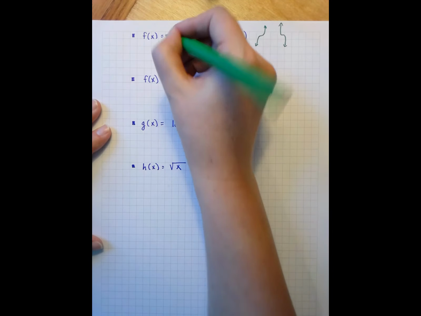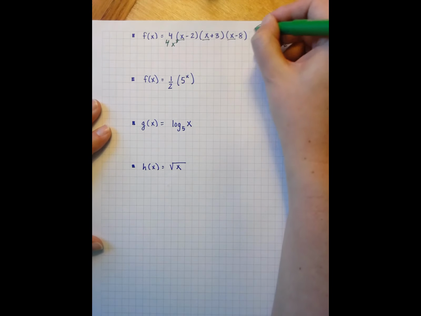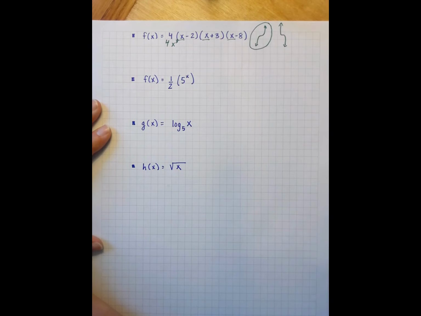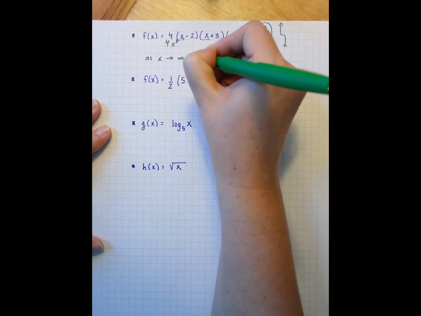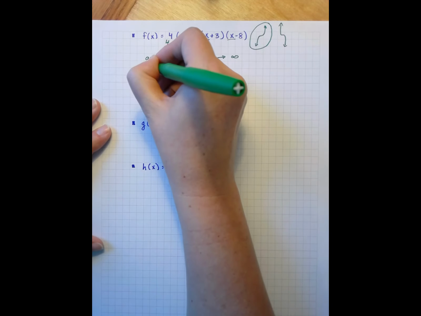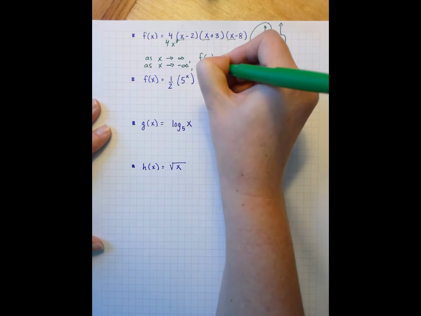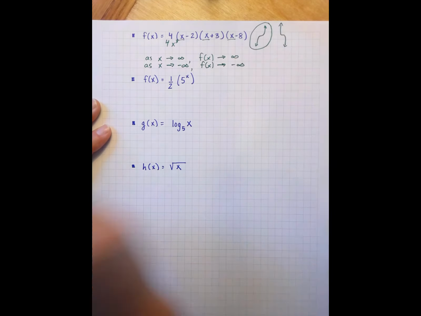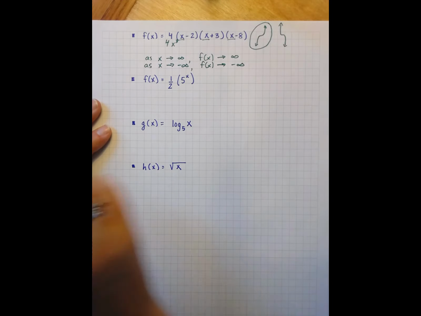And when I multiply it by a positive 4, it's also positive. So the graph looks like this picture. So as x goes to infinity, f of x also goes to infinity, and as x goes to negative infinity, f of x also goes to negative infinity. Positive, positive direction, negative, negative direction.